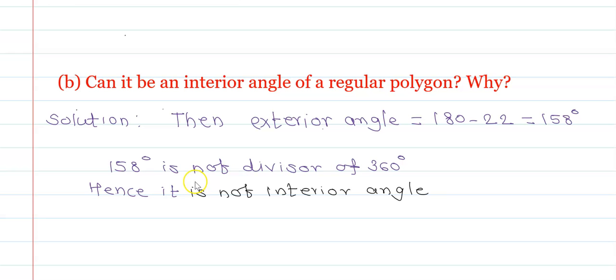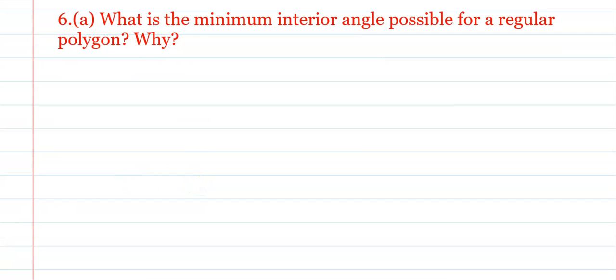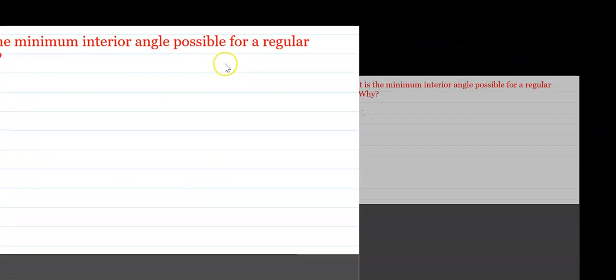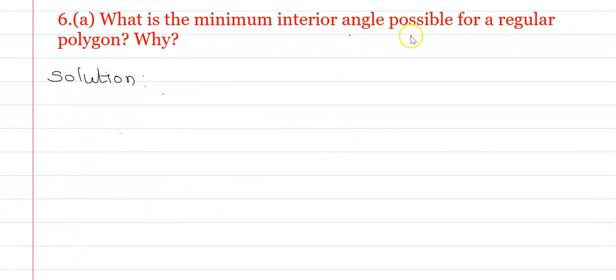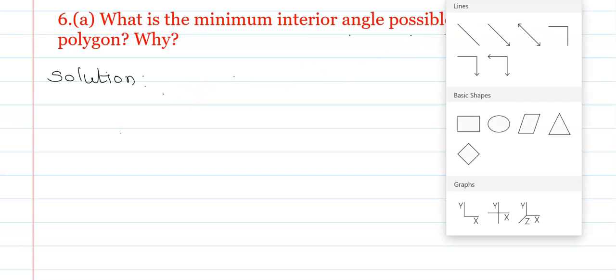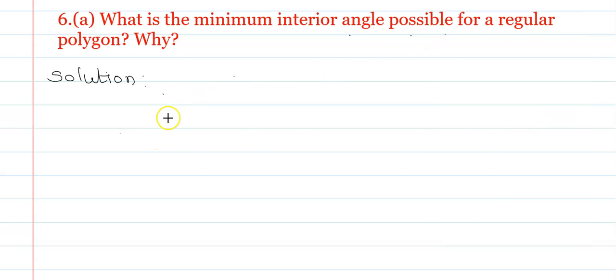Now the next question, what is the minimum interior angle possible for a regular polygon? Okay, if we take the regular polygon with 3 sides, this is the equilateral triangle and the minimum interior angle.